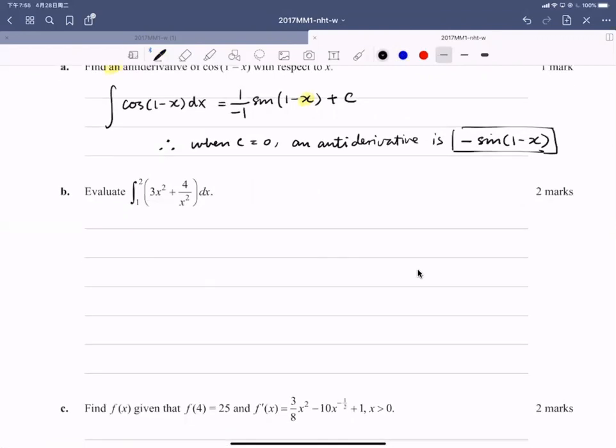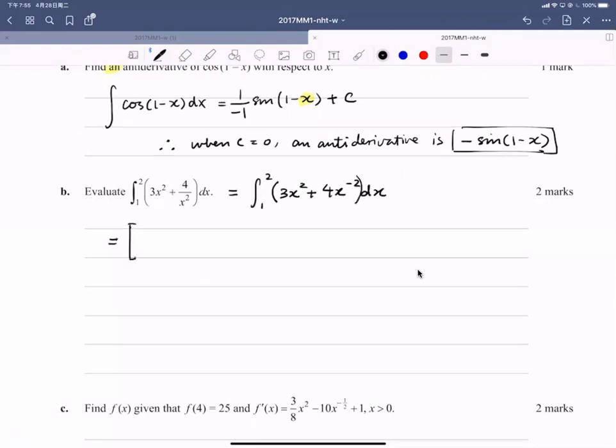Evaluate the definite integral from 1 to 2 of 3x squared plus 4 on x squared. Let's rewrite this expression in negative index form.